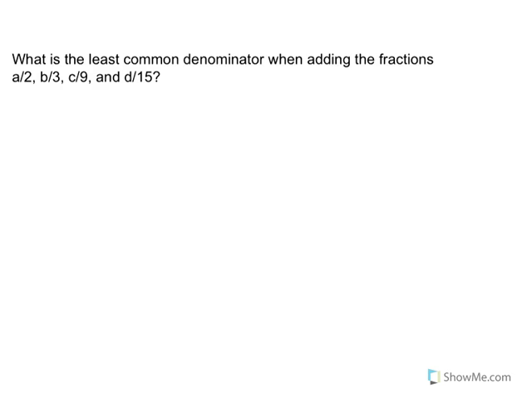Our next problem is, what is the least common denominator when adding the fractions a over 2, b over 3, c over 9, and d over 15? We need to find a number that 2, 3, 9, and 15 can go into.